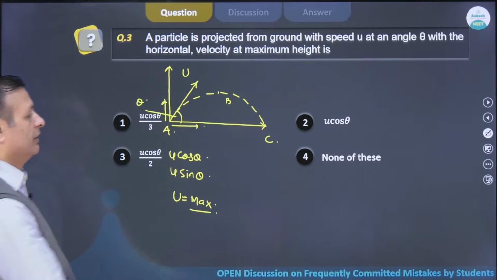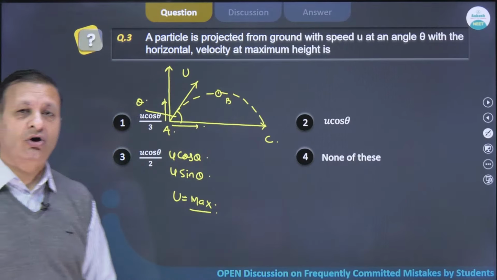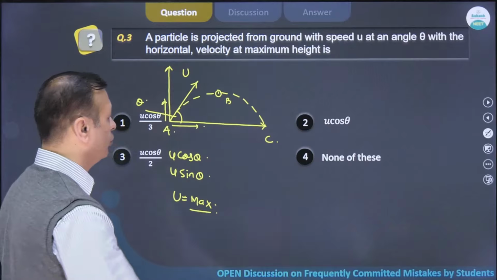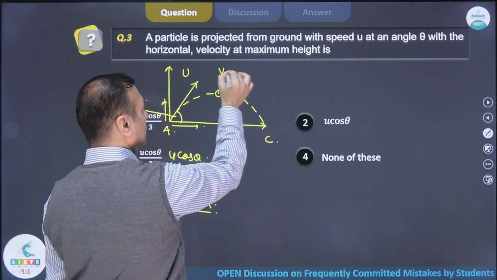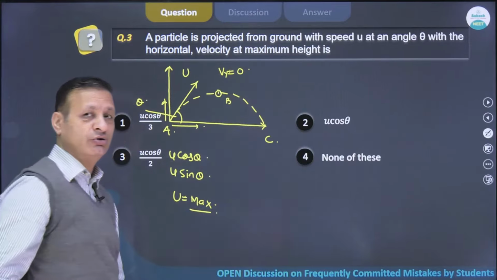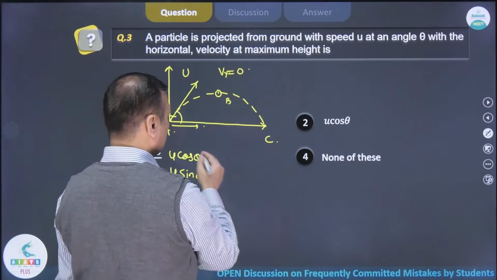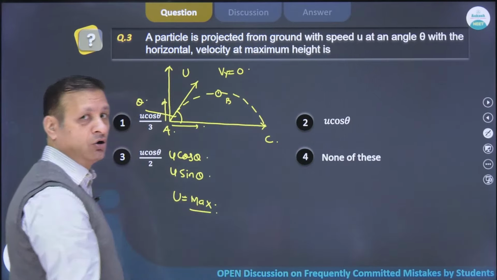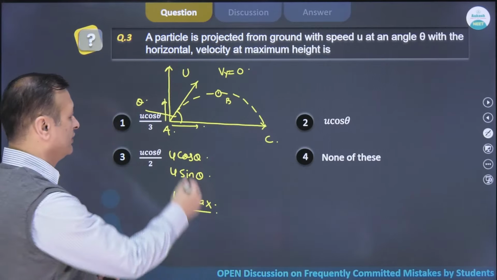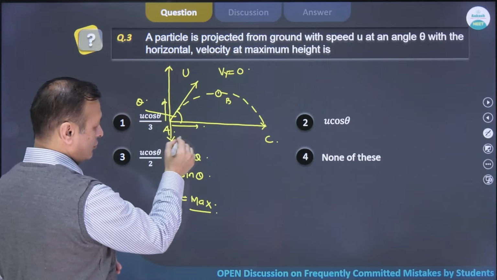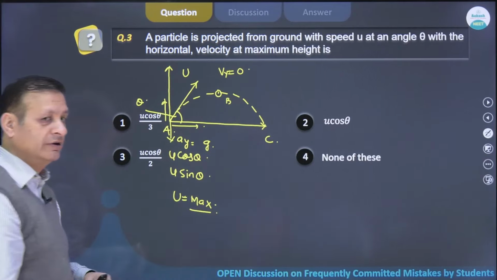Got it? Now at this point B, which is the point of maximum height, we know the final y component becomes 0. Got it? But because there is no acceleration along x-axis, it has only the vertical component of acceleration, that is g. So acceleration is g, and that is downward.